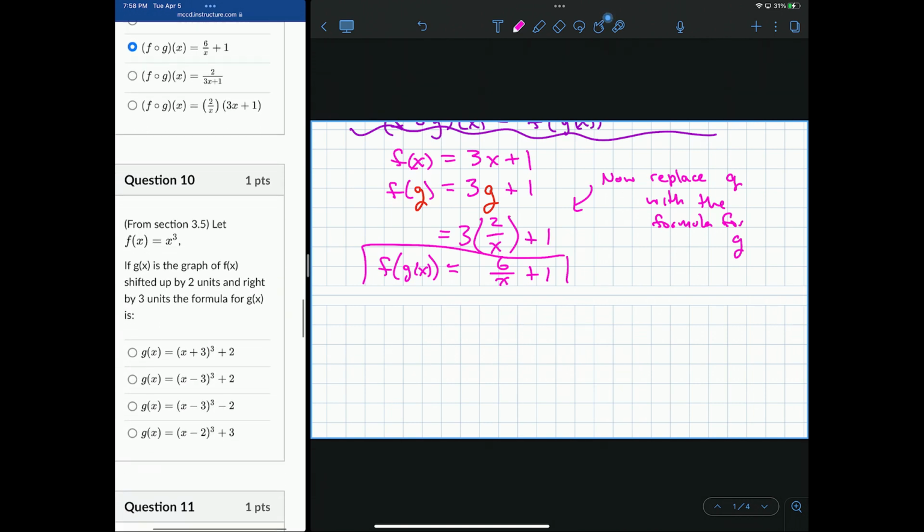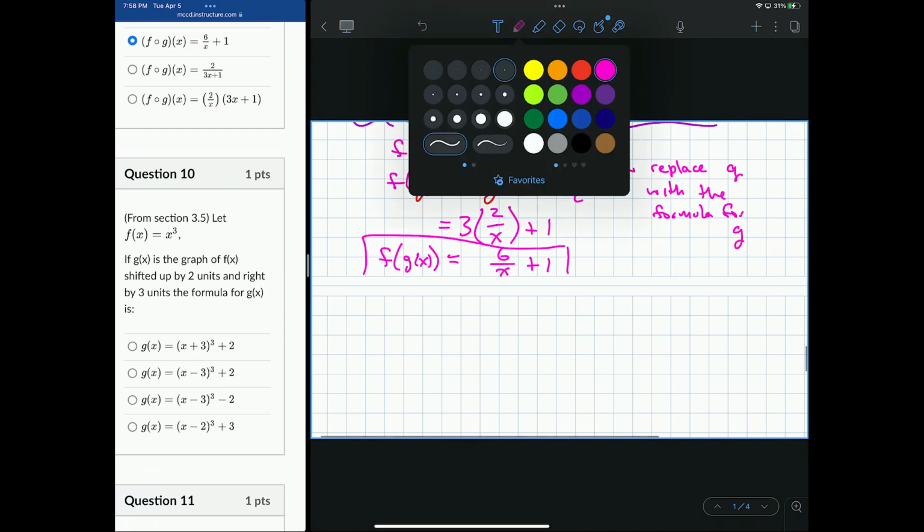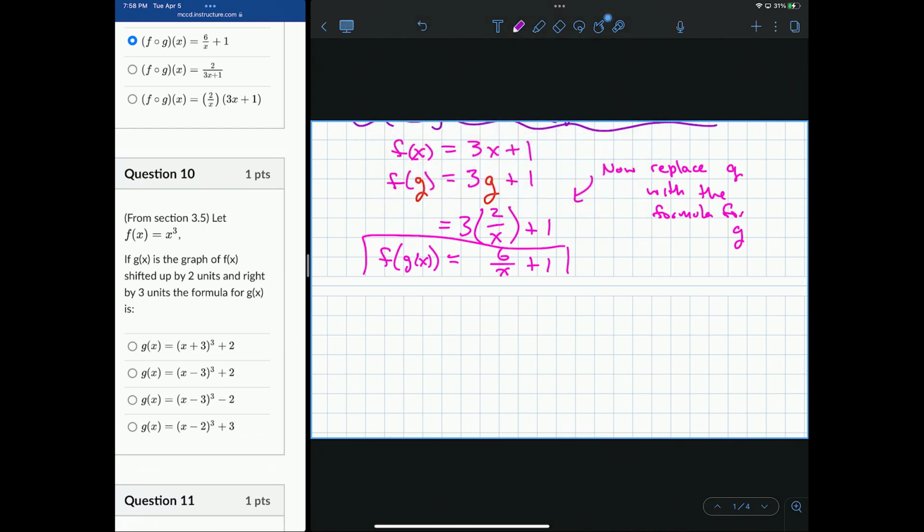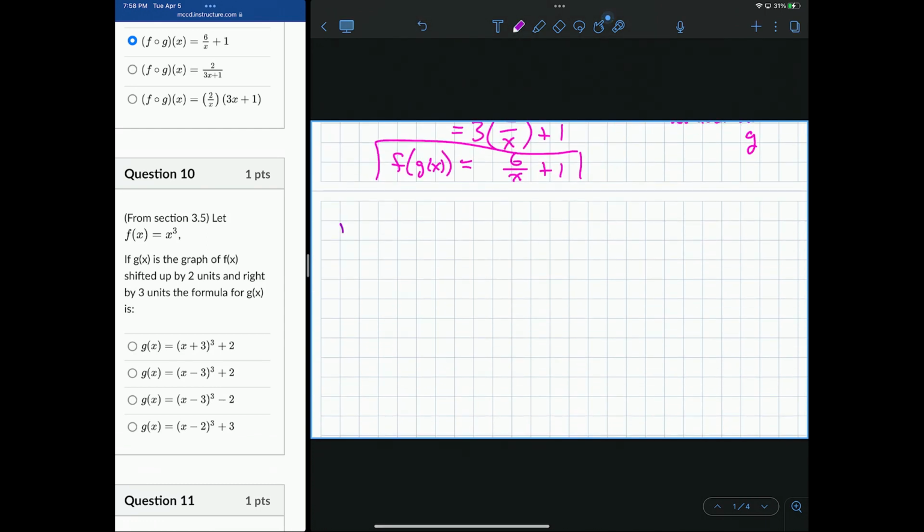All right, next one. So next one is from a different section. We're on to 3.5. So this is question 10. So what we have is f of x equals x cubed, and what we want is to move it up by 2 and also 3 units to the right.